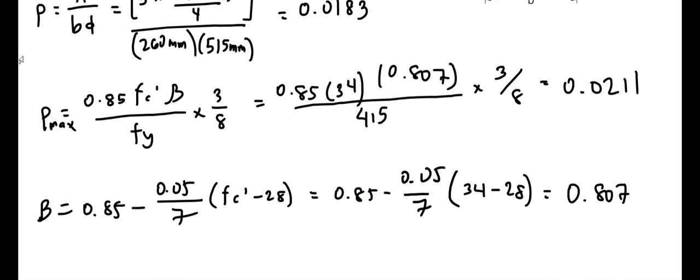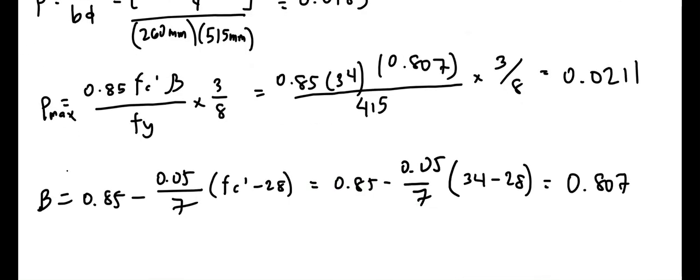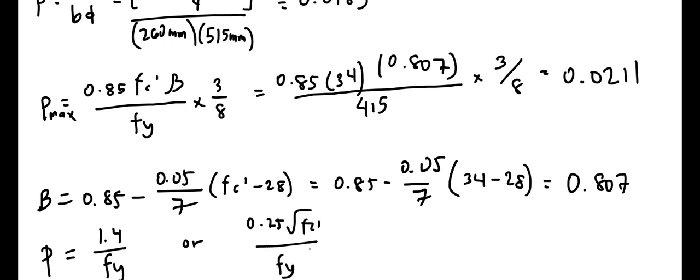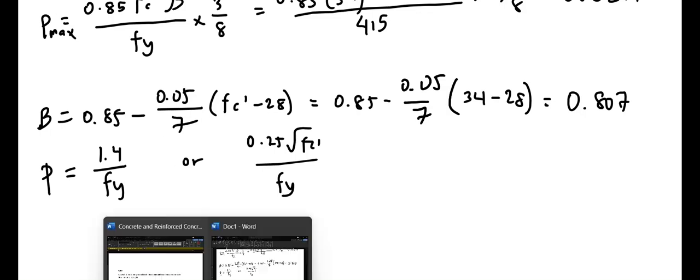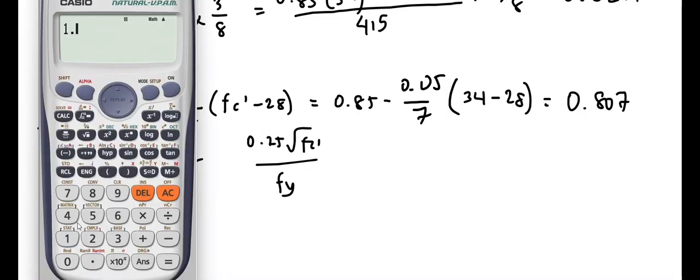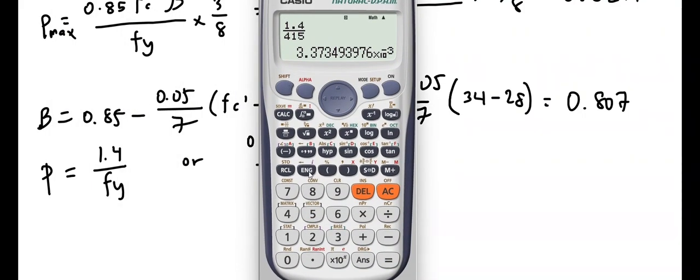And to solve for the minimum steel ratio, that is equal to 1.4 over Fy, or 0.25 square root of Fc prime all over Fy, whichever is greater. So we have 1.4 divided by Fy of 415, that is equal to 0.0034.